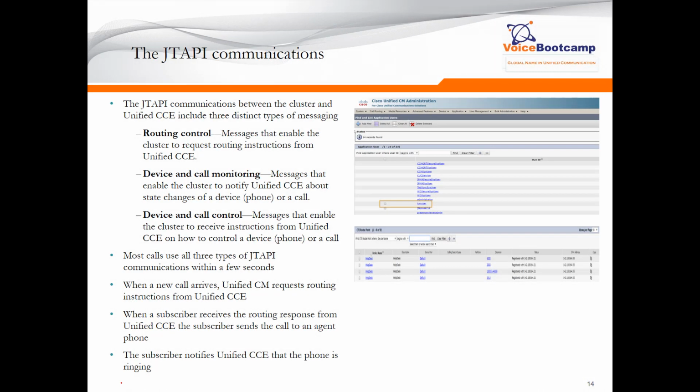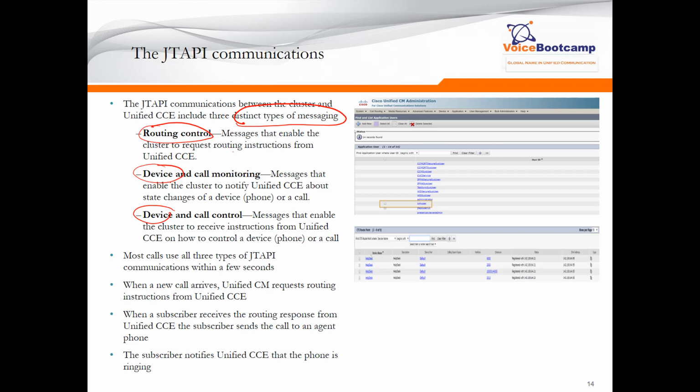So what does the JTP communication process? It has three distinct types of messages: routing control, device and call monitoring, and device and call control. Routing control is a message that enables the cluster to send a route request instruction to the UCCE, meaning when a call comes in, call manager sends a request to UCCE saying, what do I do with this call?